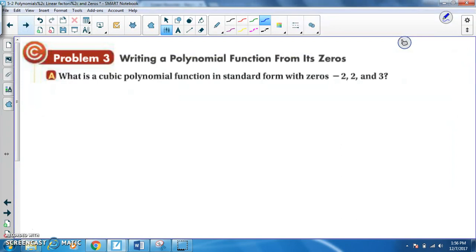So if we are given our zeros, we can then use the factor theorem to write them as factors and then write the polynomial in the polynomial function.